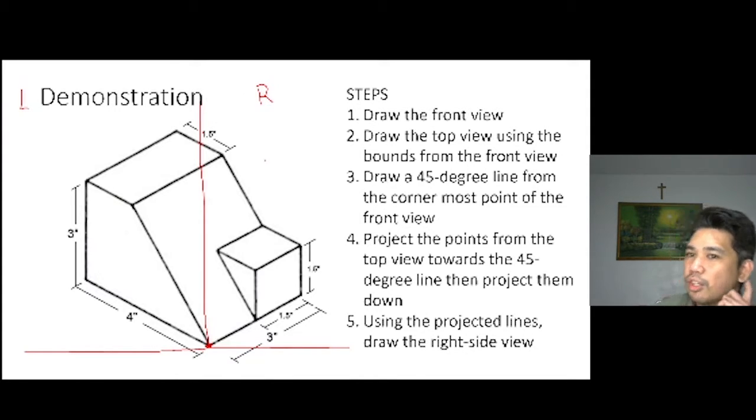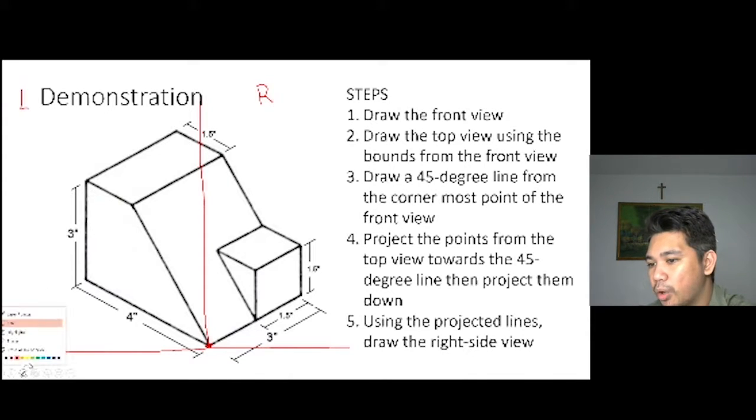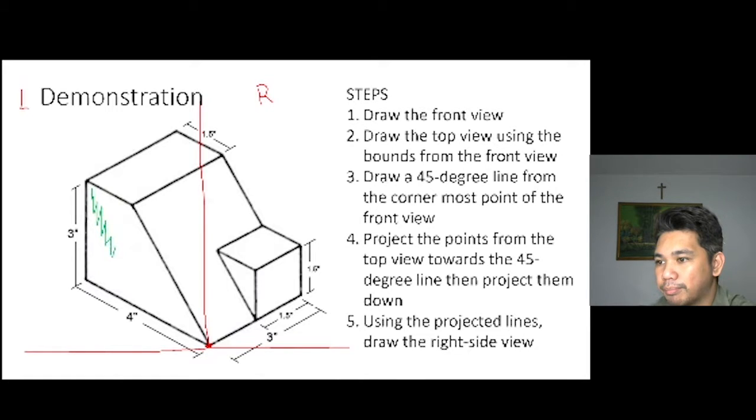I said earlier that the front view usually is located at the left side of the vertex. So the one that I will color in green is our front view.